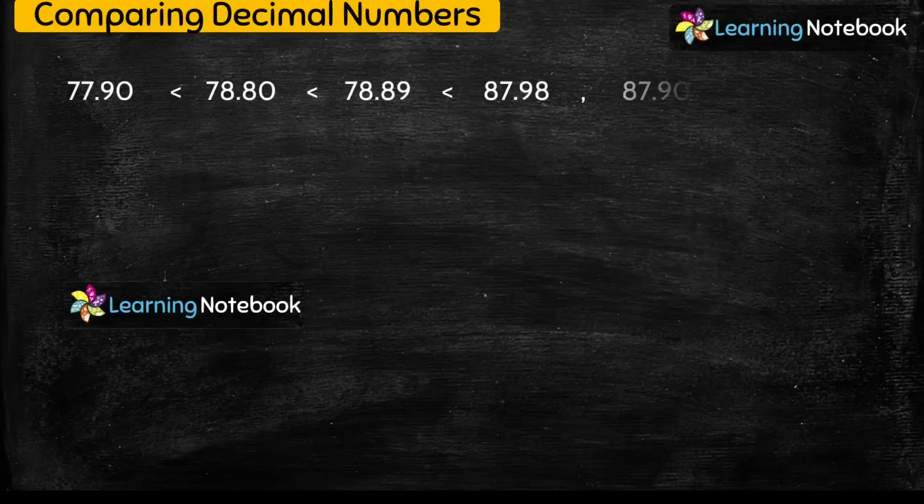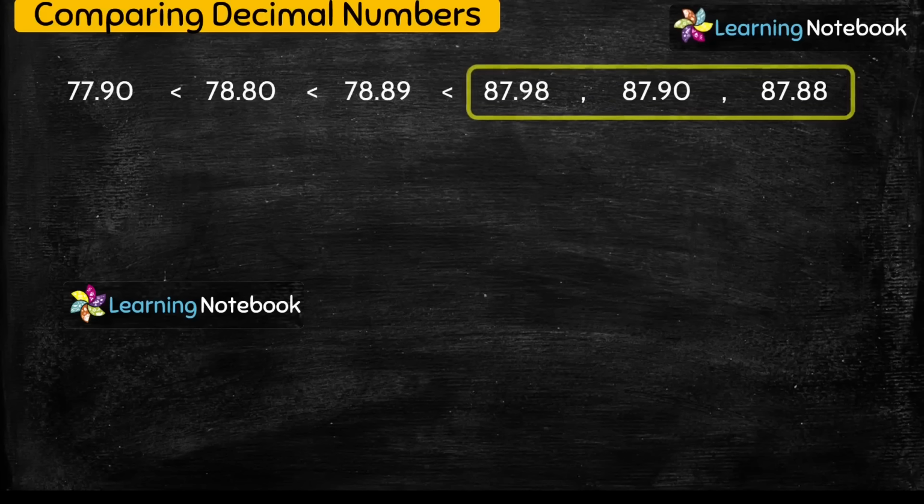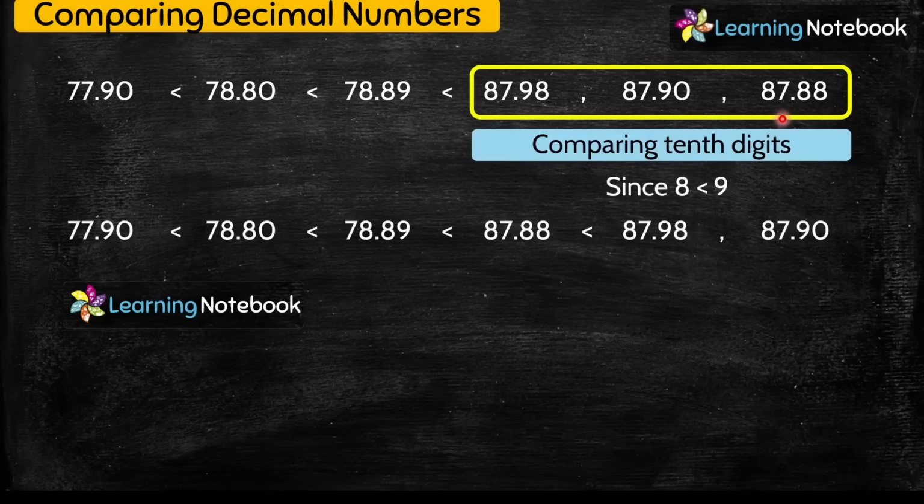Now students, let's arrange second group of decimal numbers which have same whole number part. Here again first we will compare their 10th digit, and since 8 is less than 9, so it means 87.88 is less than both 87.98 as well as 87.90.